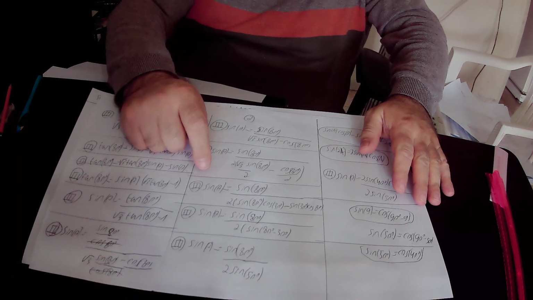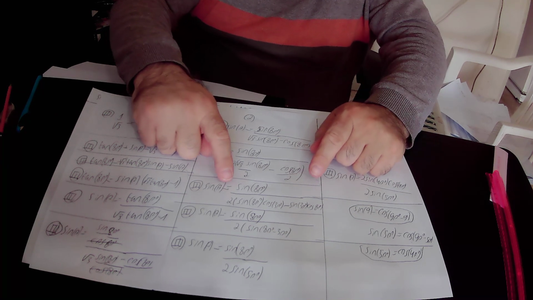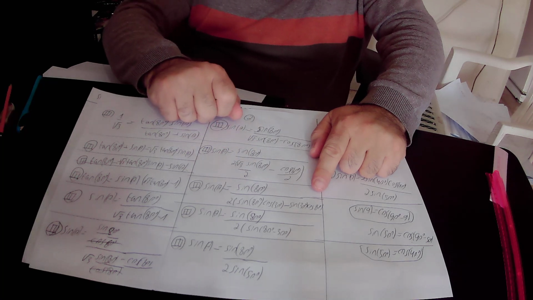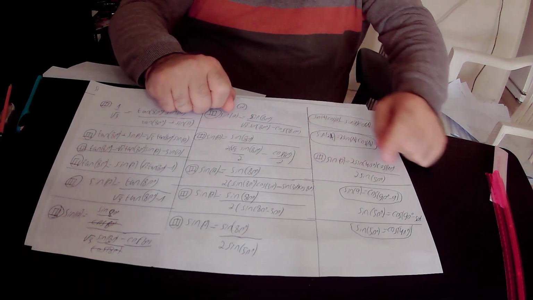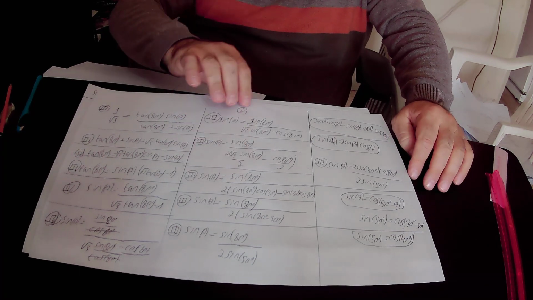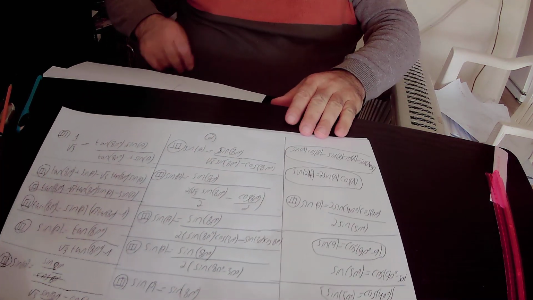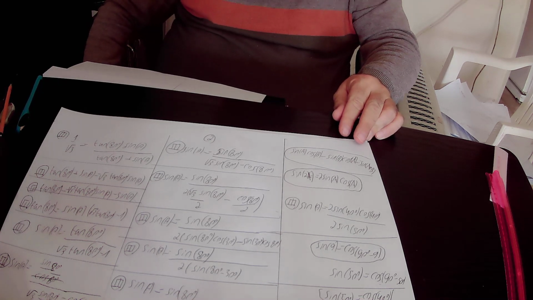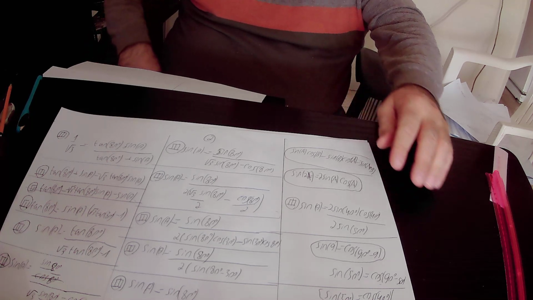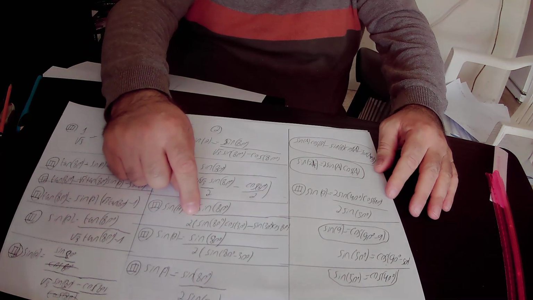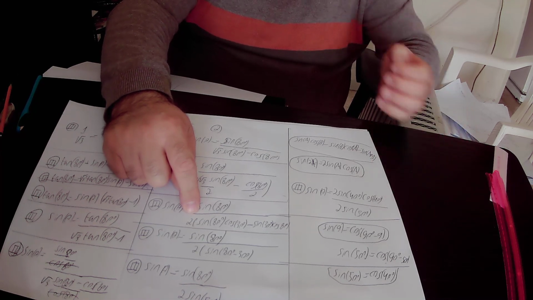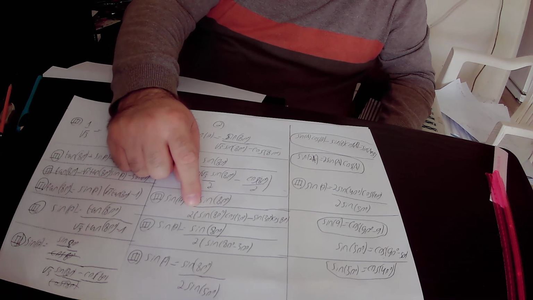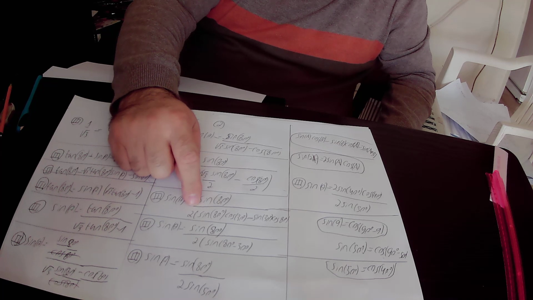And then we got that sine theta equals sine 80 degrees over 2 times sine 80 degrees cosine 30 degrees minus sine 30 degrees times cosine 80 degrees. This expression is very similar to the trigonometric identity that states that sine A times cosine B minus sine B times cosine A equals sine of A minus B. So we can substitute our expression by sine of A minus B. In our expression, A equals 80 degrees and B equals 30 degrees, so it is sine of 80 degrees minus 30 degrees.